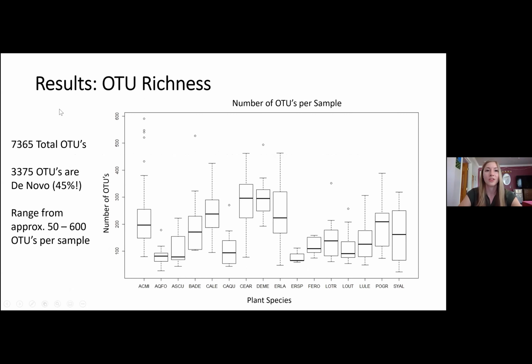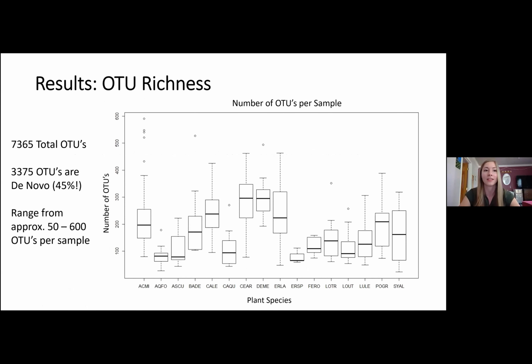So I would like to share with you my results. Overall, I found that there were 7,365 total OTUs contained across all of my plant samples. So there's a huge amount of bacterial diversity present in these plant samples.